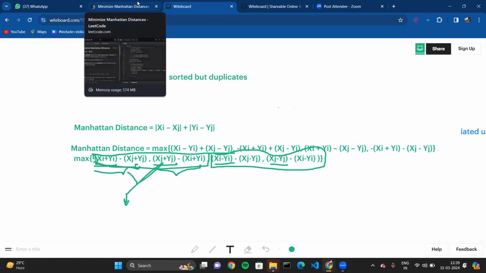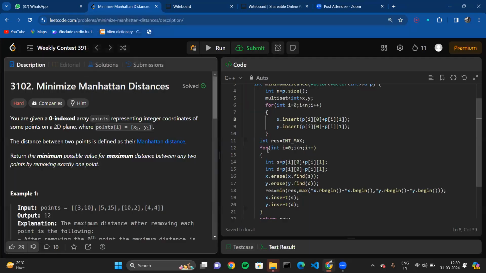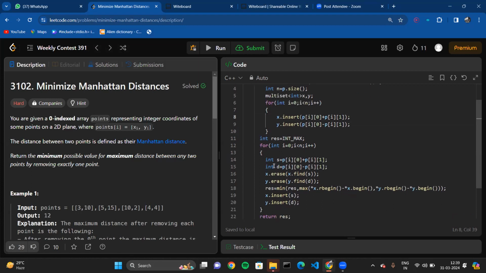So what I will do is start iterating this vector and I will remove this s and d. So I will remove these points, the sum and difference, from the set. Now in the multi-set, I will find this Manhattan difference.